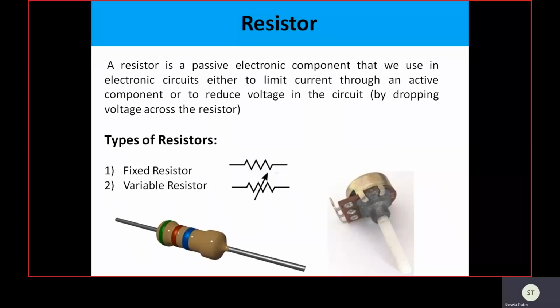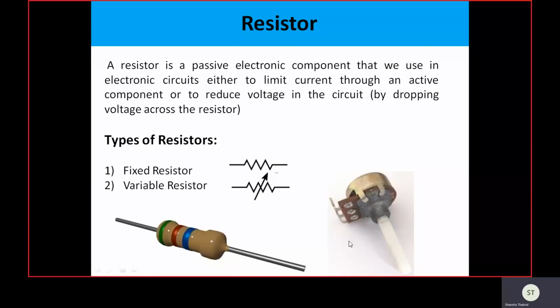So basically we have two types of resistor. One is the fixed resistor and the other is the variable resistor. A fixed resistor provides a fixed value of resistance, and this is the symbolic notation for the fixed resistor, and this is the symbolic notation of the variable resistor. And here we can see practically this is the fixed resistor and this is the variable resistor.